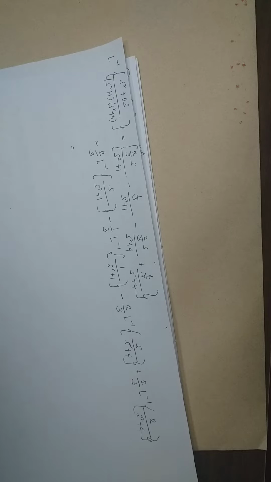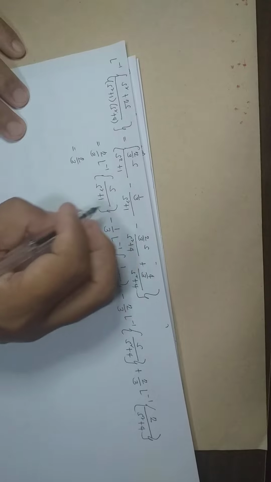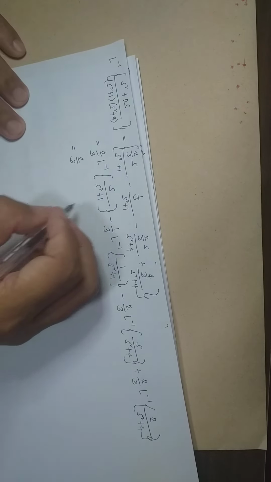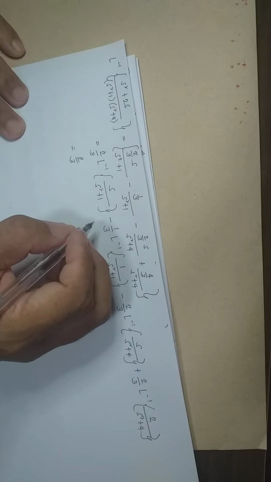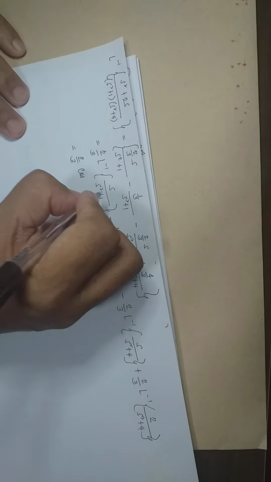S over s squared plus a squared is cosine at. So we have 2/3 cosine t, where a is 1.